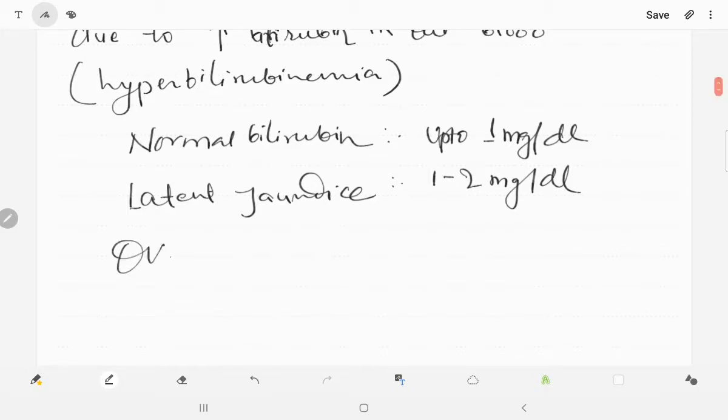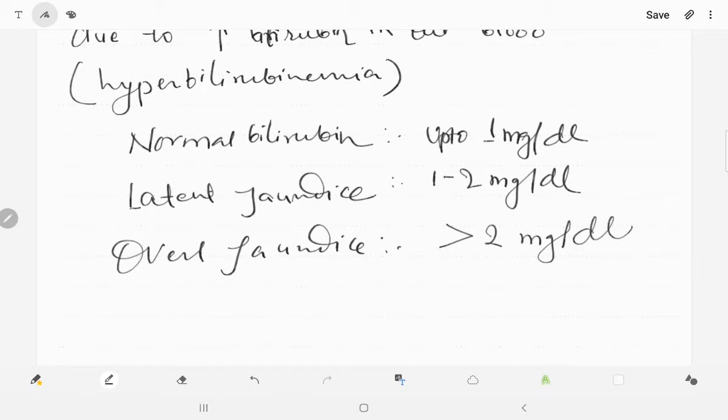At the same time, overt jaundice is something when jaundice can be detected clinically with serum level of bilirubin more than 2 milligram per deciliter.